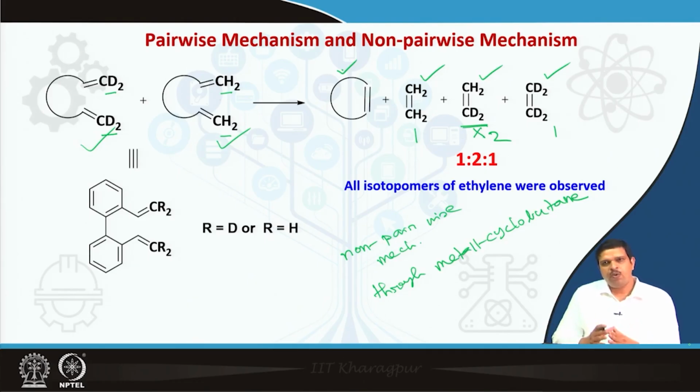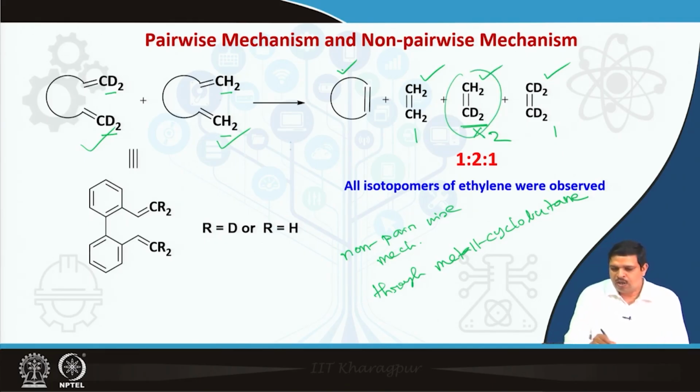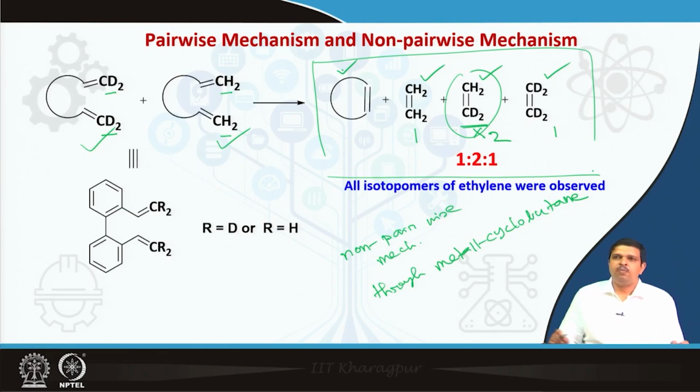If it is non-pairwise, then only we can get the partially deuterated ethylene, CH2 CD2, that is the 1:2:1 statistical distribution. So as experimentally all the ethylenes were observed, it directly proves that the mechanism proceeds through the non-pairwise mechanism.